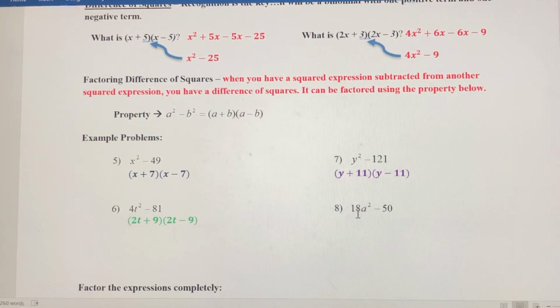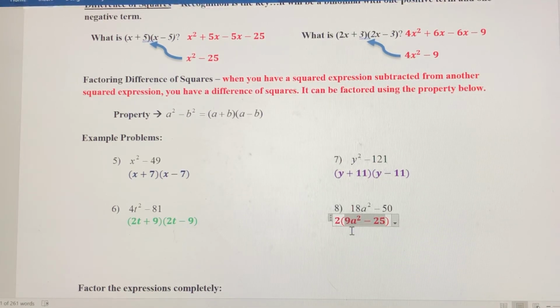If you'll notice, I can take out a greatest common factor. These are both even coefficients, even numbers, so I can divide those by 2. Okay? Well, what that leaves inside is a 9a squared here and a 25 here. So 2 times the quantity 9a squared minus 25. Now, question you need to ask yourself, is this a difference of squares? And the answer is yes.